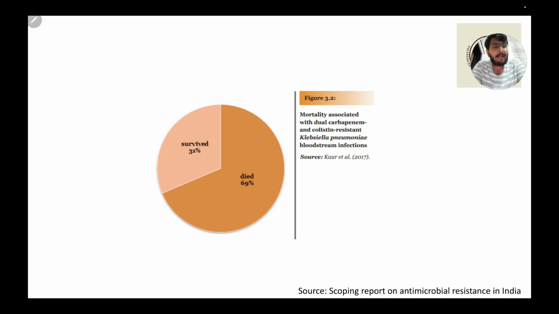Only around 31% of patients could survive the infection caused by such a resistant bacterial strain. That is indeed scary and also raises questions on how we are going to deal with antimicrobial resistance in the future, wherein probably once upon a time treatable infections will be very, very challenging to deal with.